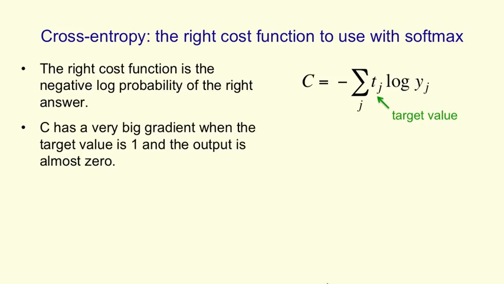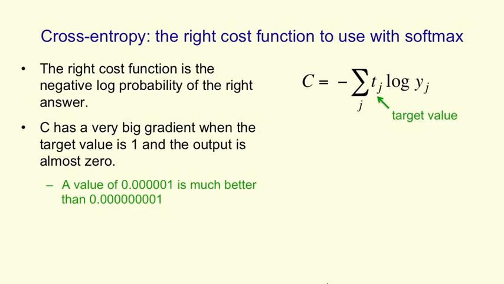It has a nice property that it has a very big gradient when the target value is 1 and the output is almost 0. You can see that by considering a couple of cases. So a value of 1 in a million is much better than a value of 1 in a billion, even though it differs by less than a millionth. So when you make the output value increase by less than 1 millionth, the value of C improves by a lot.